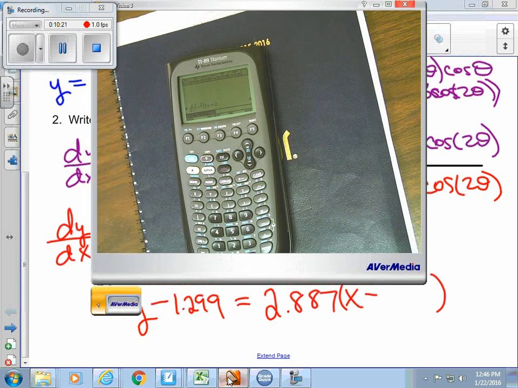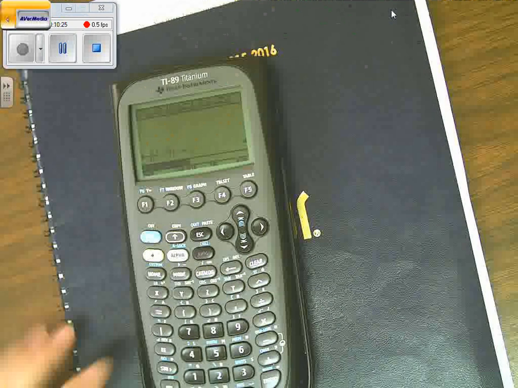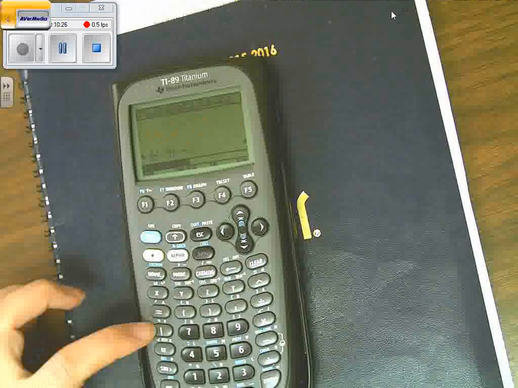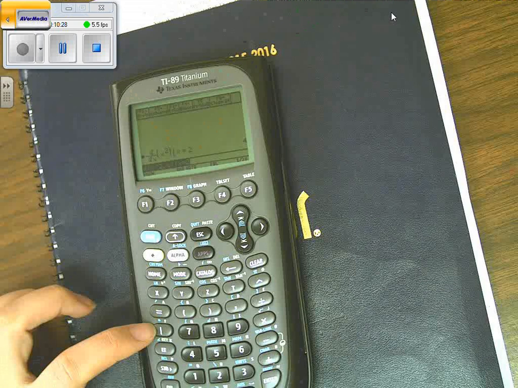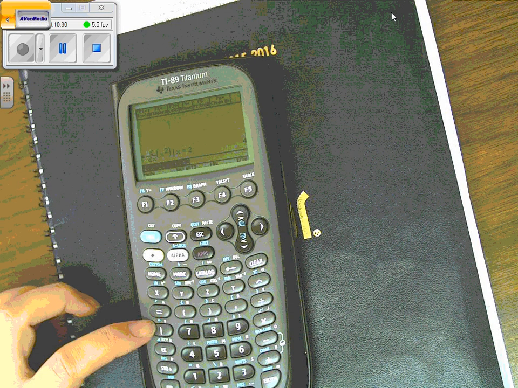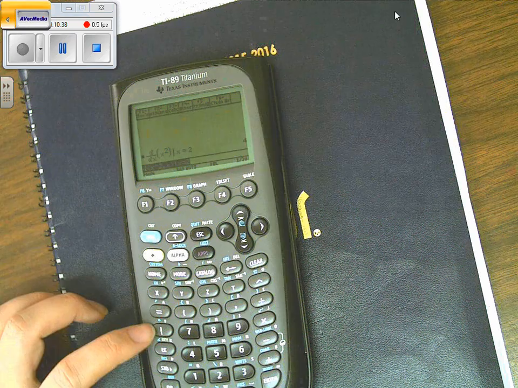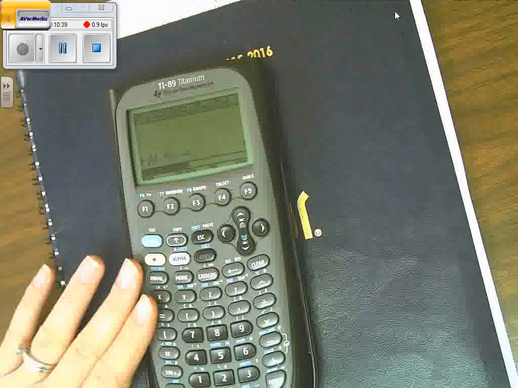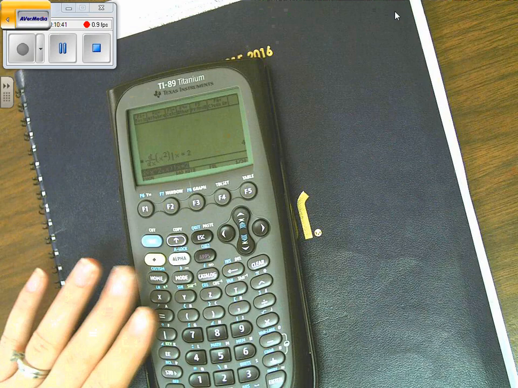Like it'll plug in this bar right here. So that's the syntax to plug in the number. You see how that's much more mathematical? This calculator uses much more mathematical notation than the 84.